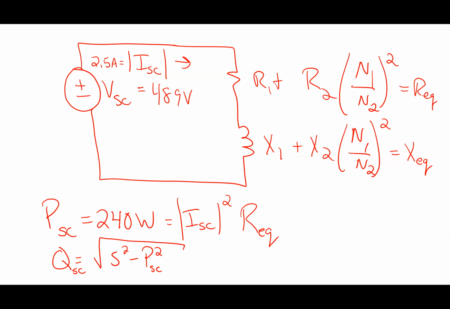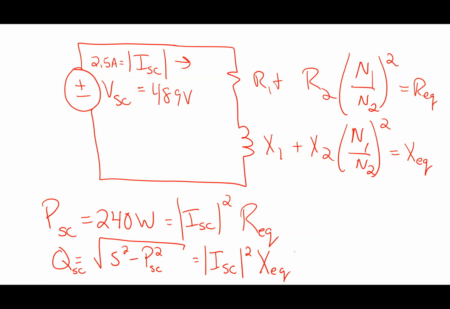Then how would I get that to give me an X value? I know the Q. Can I do it the same way? Wouldn't that be I short circuit squared times X EQ? Same basic approach, right? And then I can get through this.